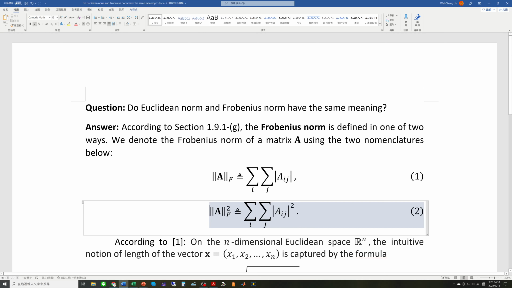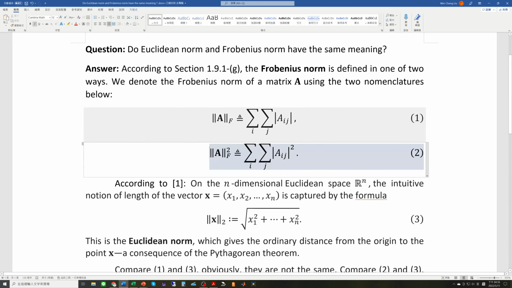This is equation 1. And the second definition is the square of the Frobenius norm of A defined as the summation over i, summation over j, of the square of the absolute value of a_ij. This is equation 2.